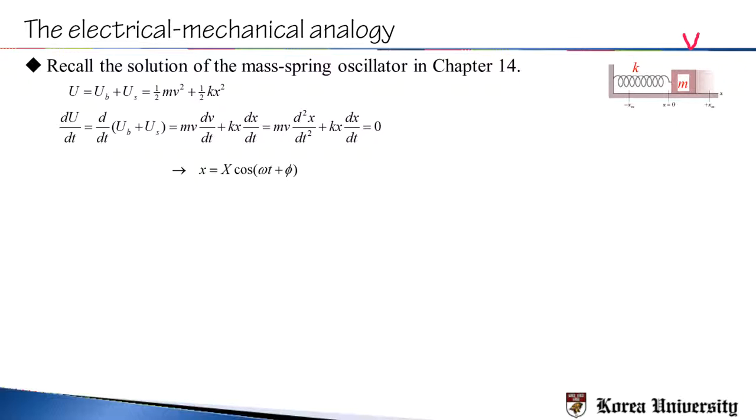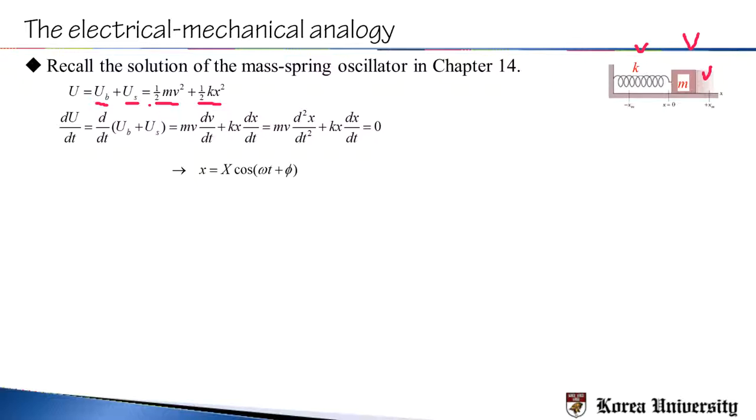Here we have the mass M connected to the spring of K, and in this case the total energy was the kinetic energy plus the elastic potential energy, which was simply half of mv squared plus half of kx squared, right?